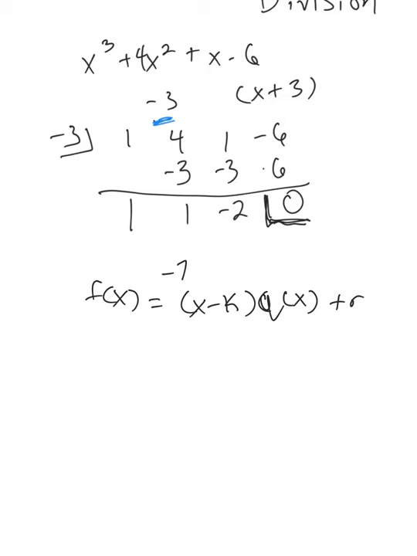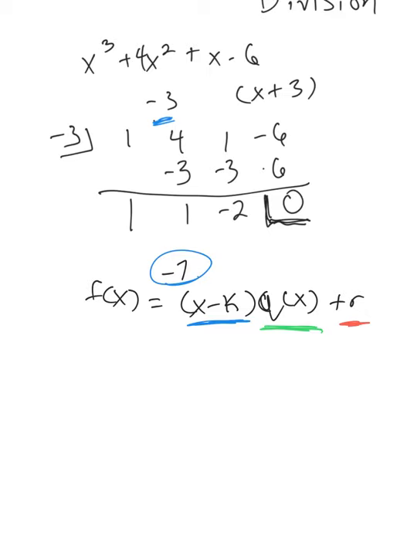Let's break down what each part means. The x minus k is going to be the factor. This q of x will be the quotient of the actual function. And then here, after we do the synthetic division, would be the remainder.